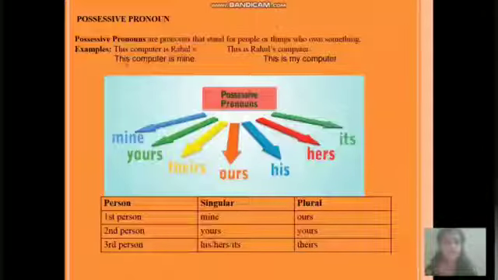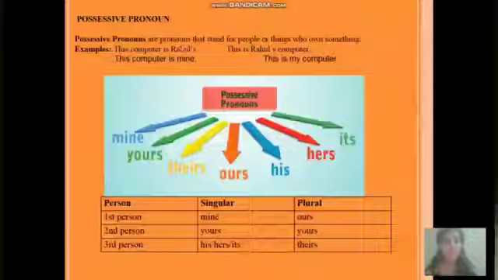So now, how can you replace this possessive noun Rahul's with a possessive pronoun? Instead of saying this computer is Rahul's, he can say this computer is mine. And again, in the second sentence, he can say this is my computer. So in the first sentence, the possessive noun Rahul's is replaced with a possessive pronoun mine.